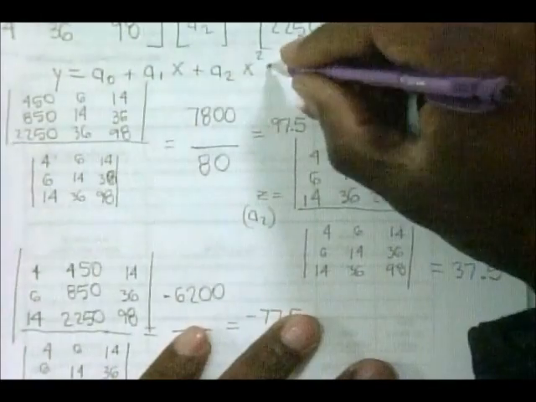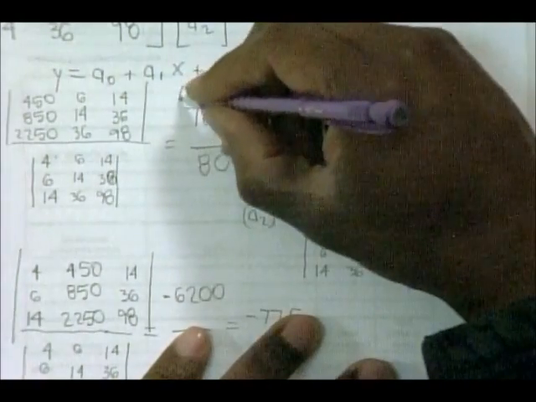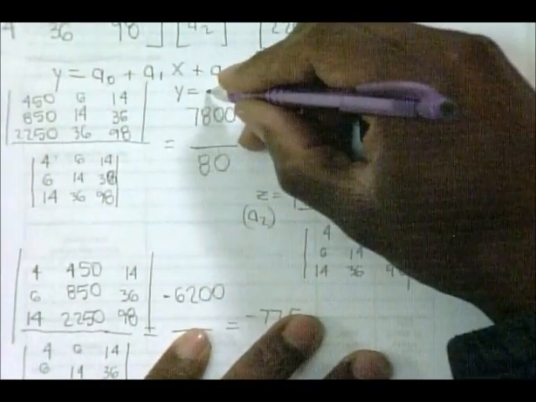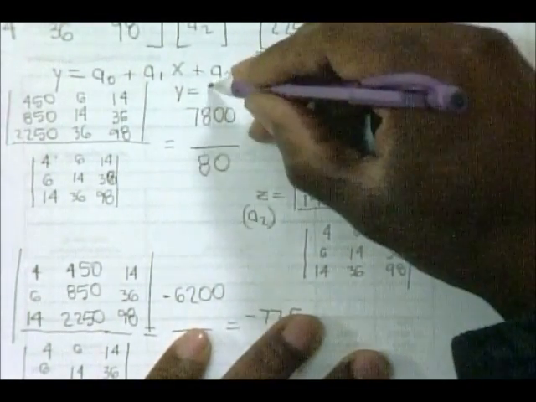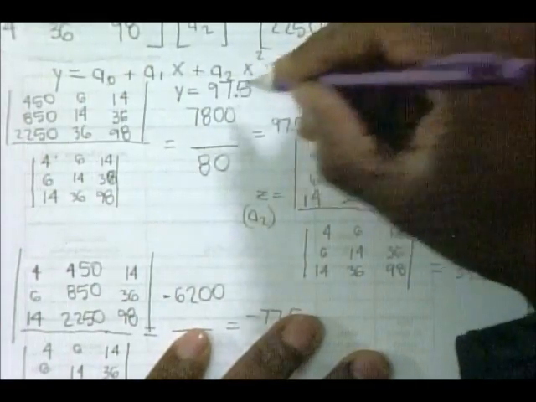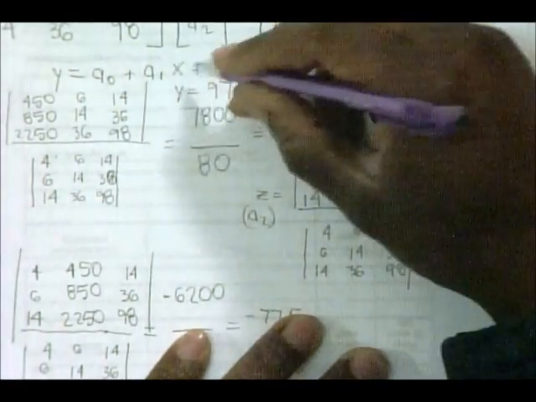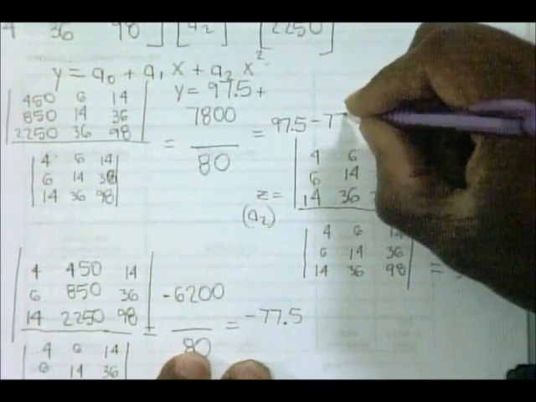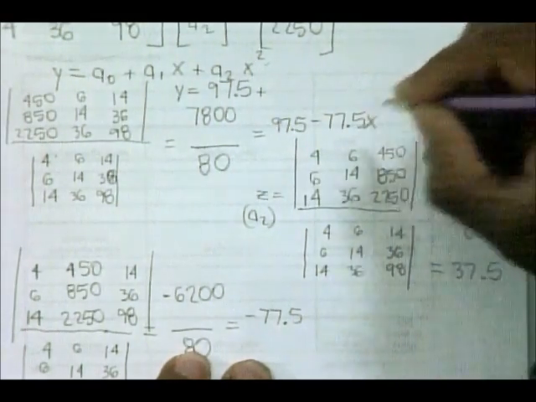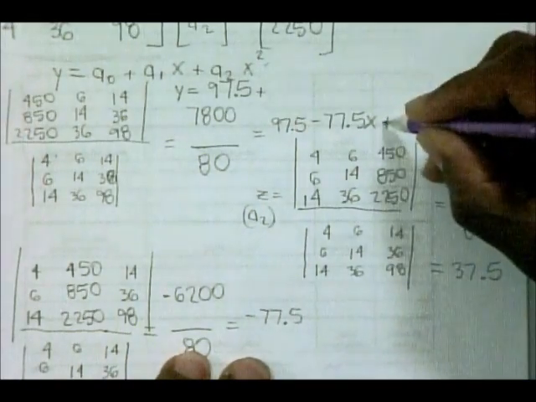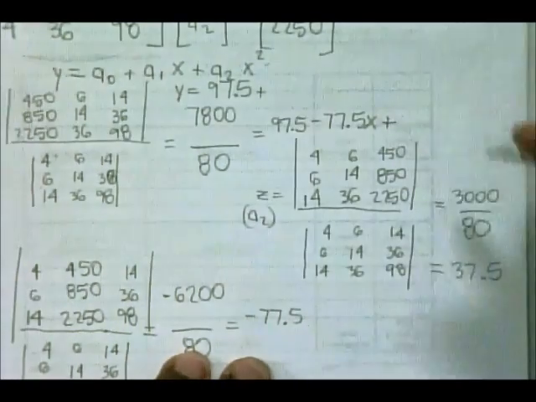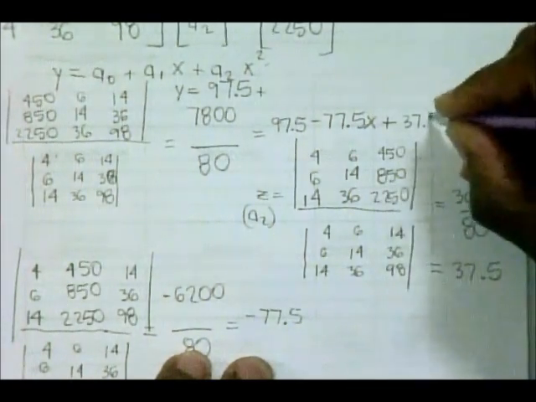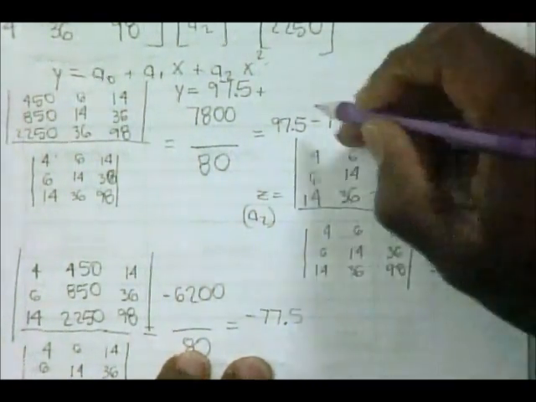And what you'd end up with is y is equal to a sub 0, which is 97.5, plus a sub 1 x, that would be minus 77.5x, plus a sub 2 x squared, that's 37.5x squared.